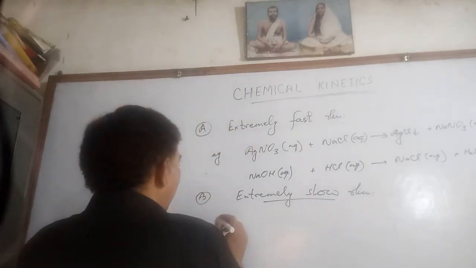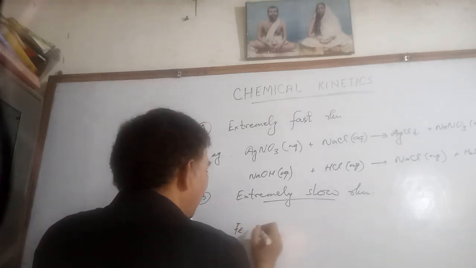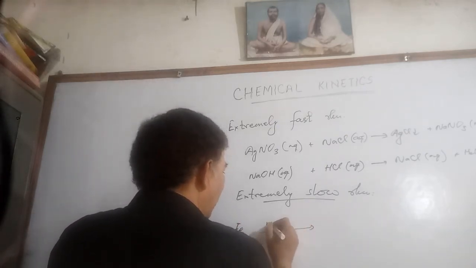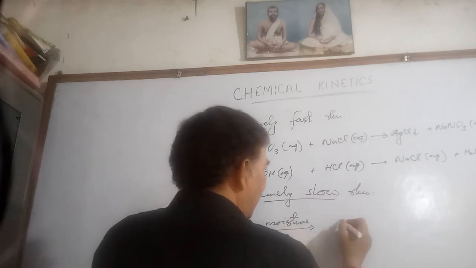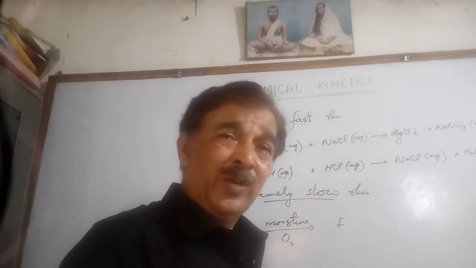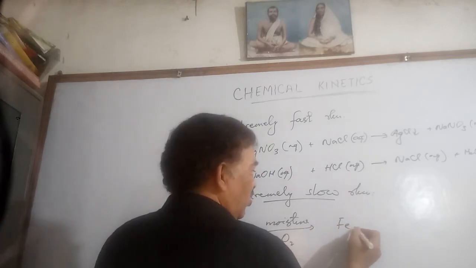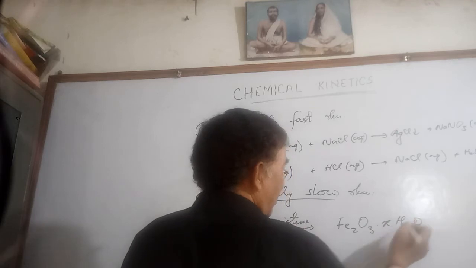That is, iron, here is moisture, here is air, oxygen, we get rust, that is ferric oxide, Fe2O3.xH2O.